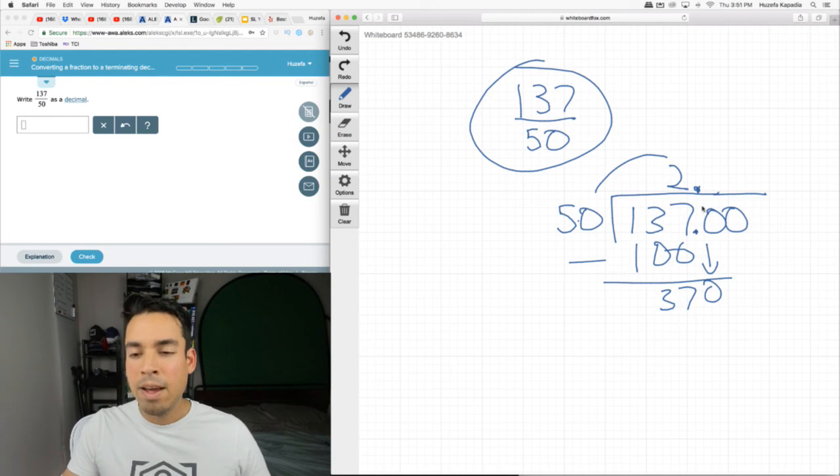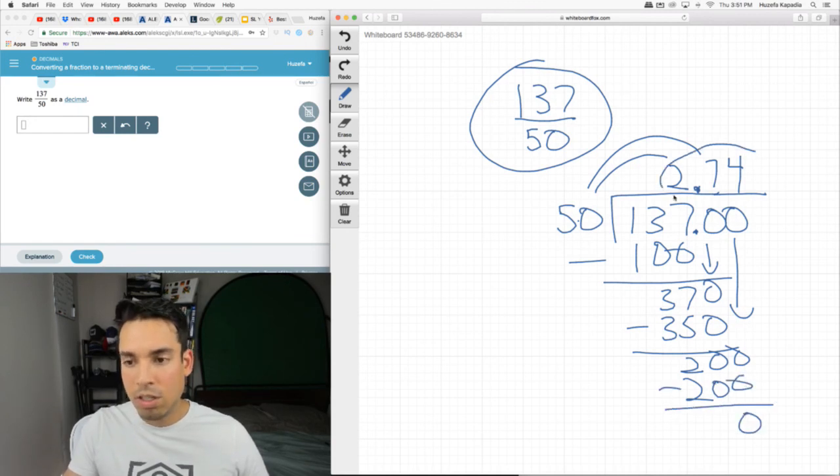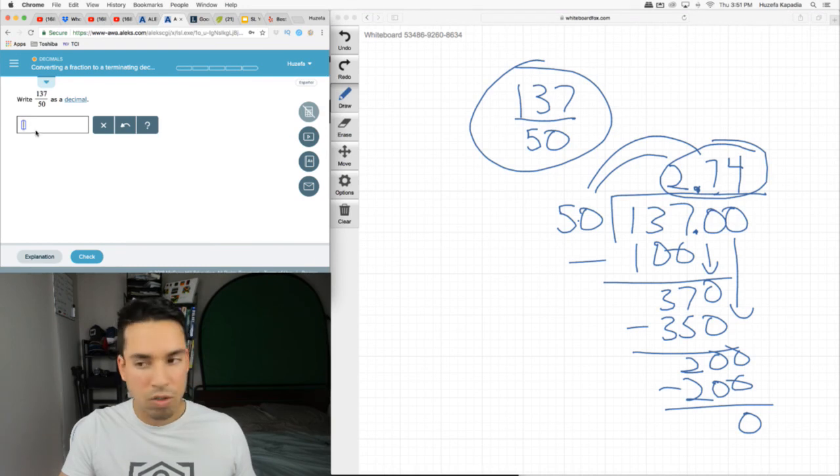Decimal goes straight up top. 50 goes into 370 7 times. 7 times 50 is 350. Subtract, we got a 20. Bring down a 0. And 50 goes into 200 4 times. 4 times 50 is 200. And we are done. So the decimal equivalent of this is 2.74.